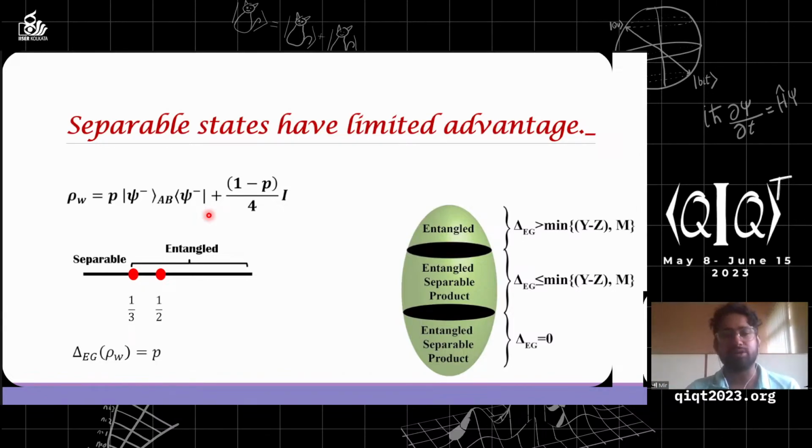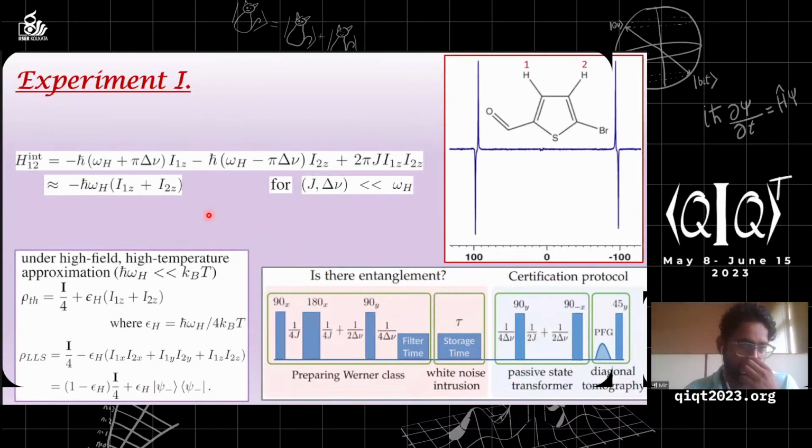Then we performed an experiment with the IISER Pune group, and we took an NMR architecture, with homonuclear systems, hydrogen, and first we create entanglement.